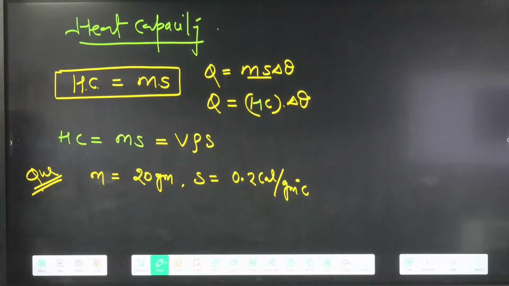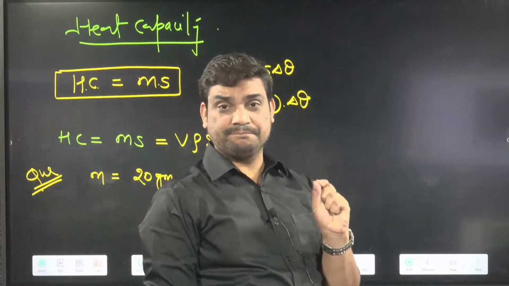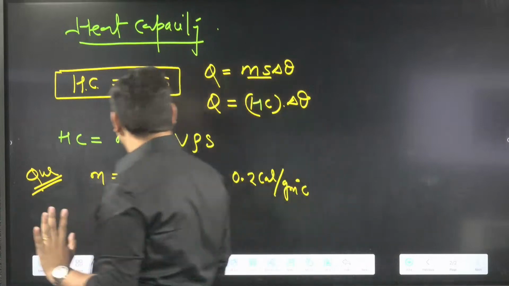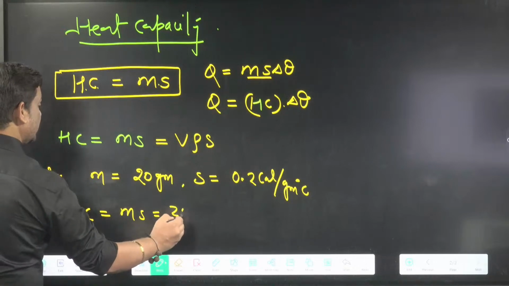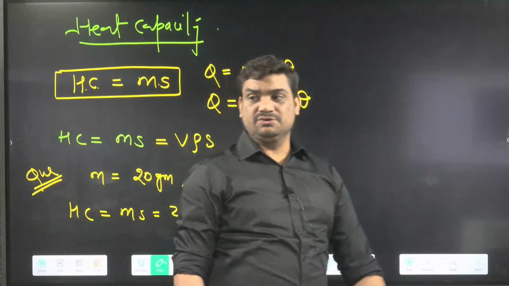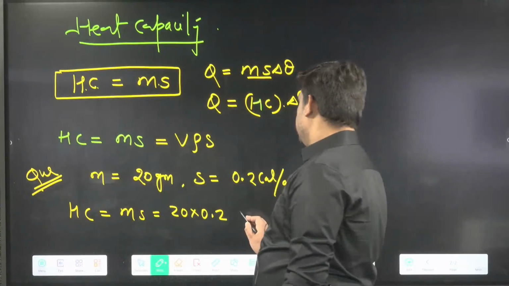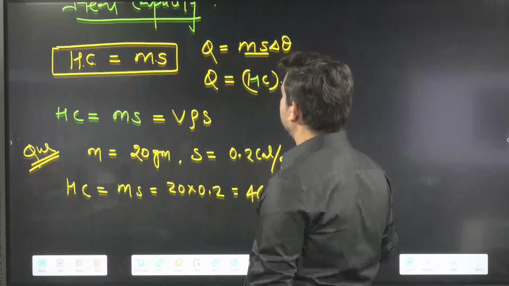They are asking heat capacity in joule. If you want heat capacity in joule, first we can find it in calorie only. Heat capacity becomes M into S, so 20 into 0.2, which becomes 4 calorie per degree Celsius, because gram will be cancelled.